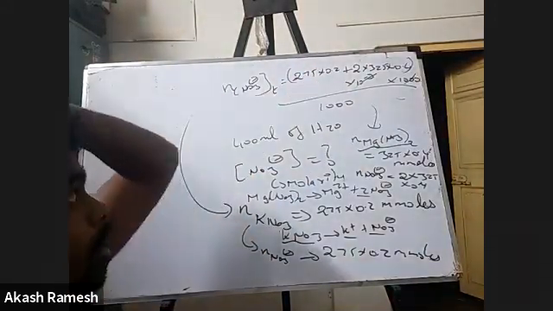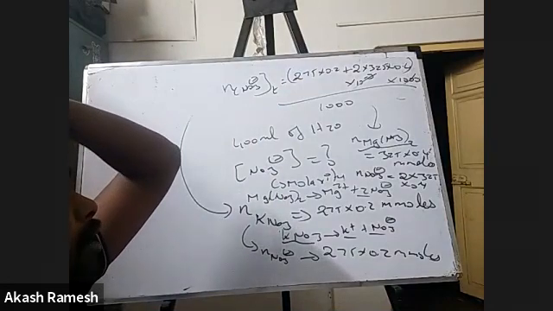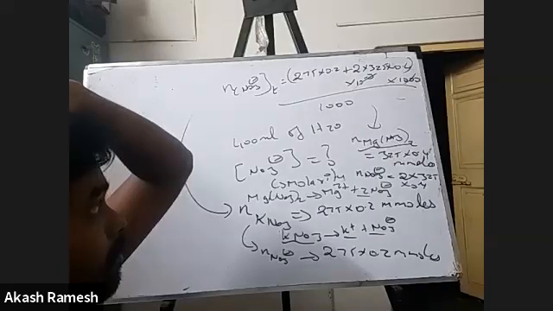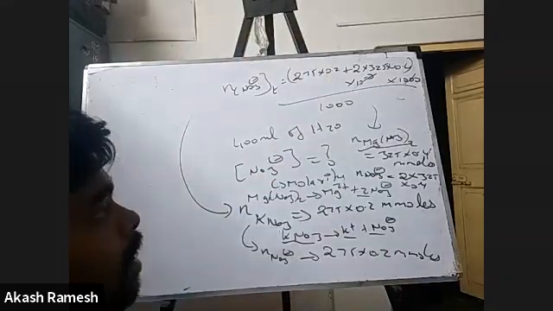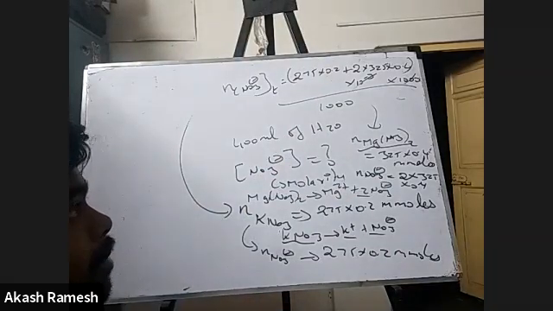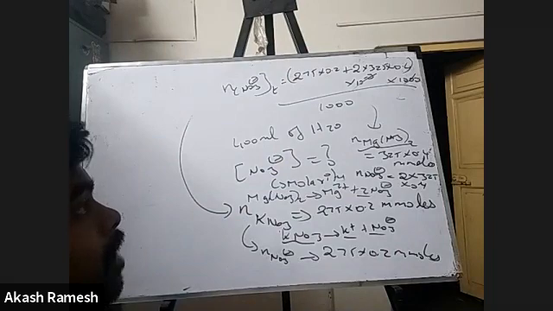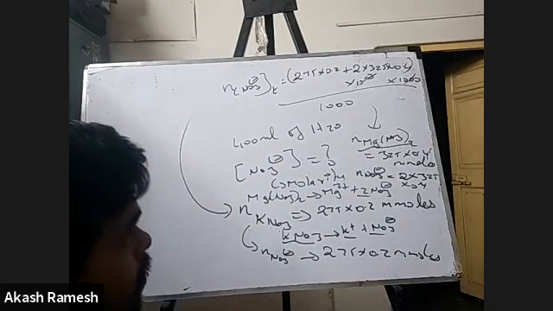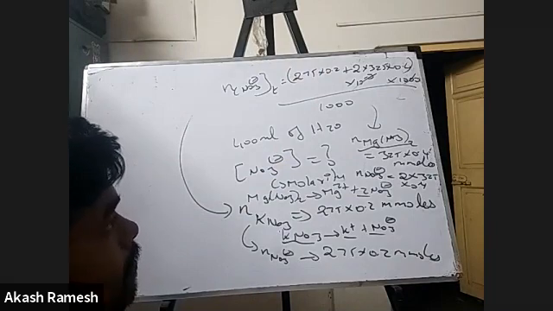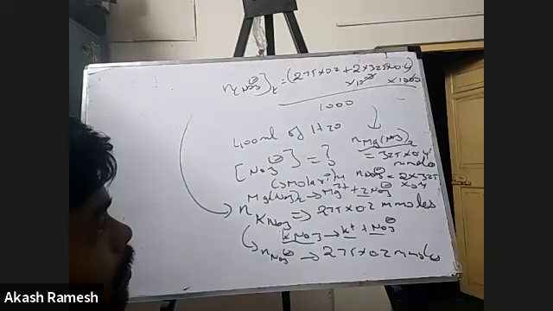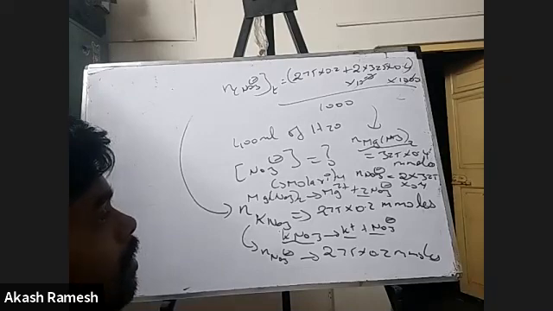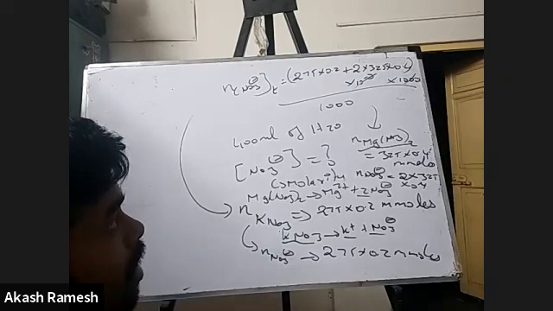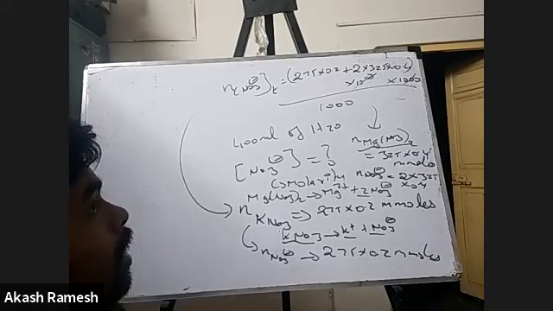So 275 into 2 will be 550, so basically it will be 55. 55 plus 325 into 2 is 650, and 650 into 2 is 1300, and 1300 into 2 will become 2600.